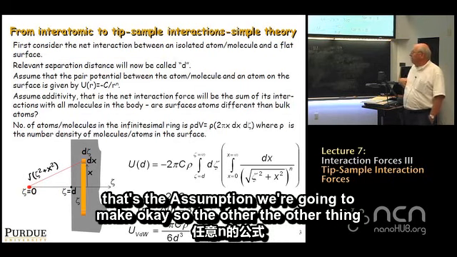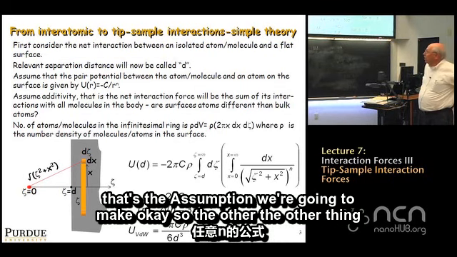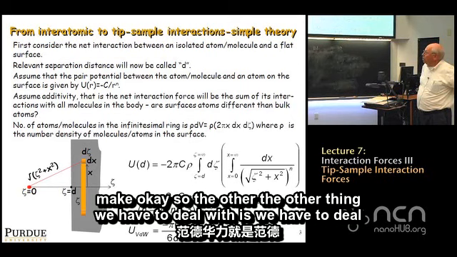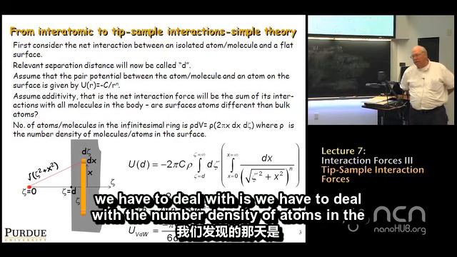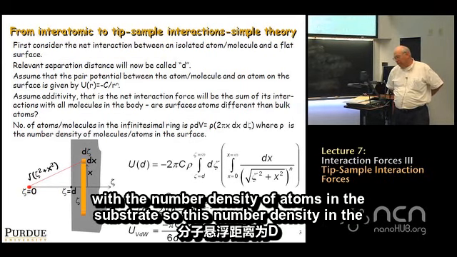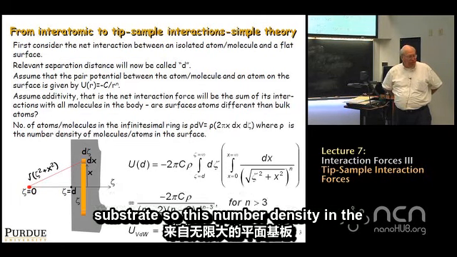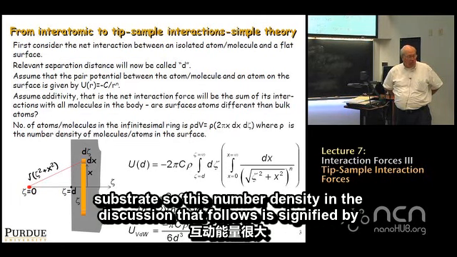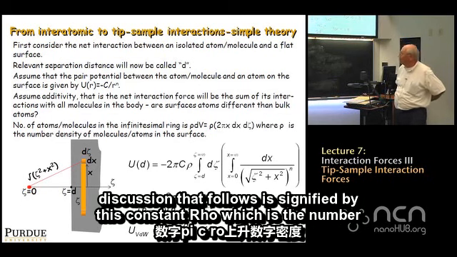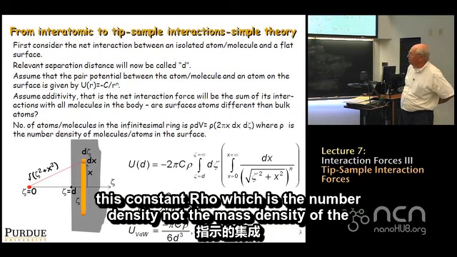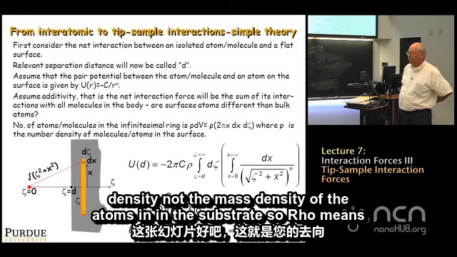The other thing we have to deal with is the number density of atoms in the substrate. So this number density in the discussion that follows is signified by this constant rho, which is the number density, not the mass density, of the atoms in the substrate.